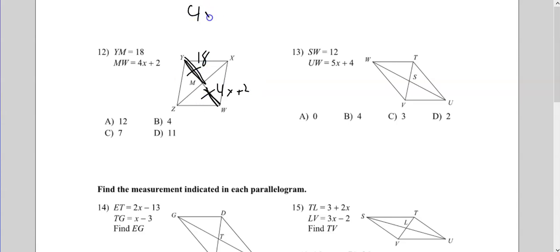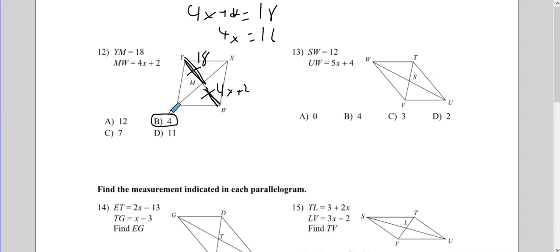So that's all I do is I say this piece equals this piece. That's a 2. So I'm going to subtract 2 from both sides and get 16, which then gives me 4 for an answer. Now remember, it's just asking me to find the measure of x, so I stop there at 4.